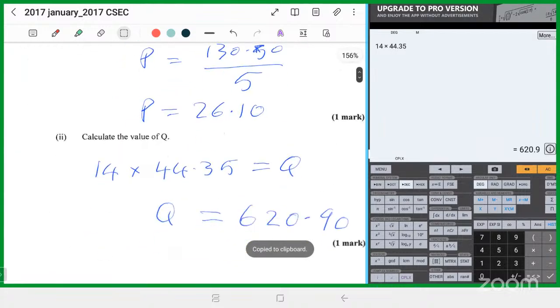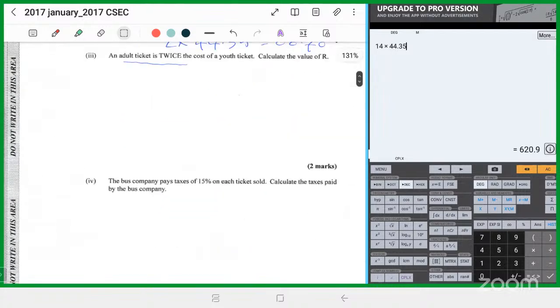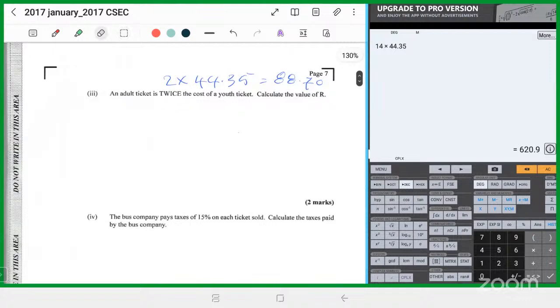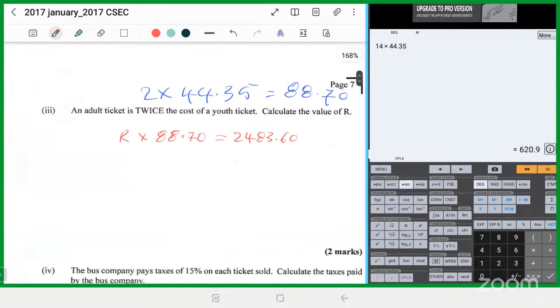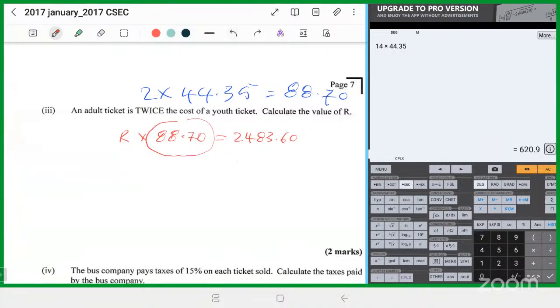And so to find the R, we need to divide by this figure. So the R becomes 2483.60 divided by 88.70.